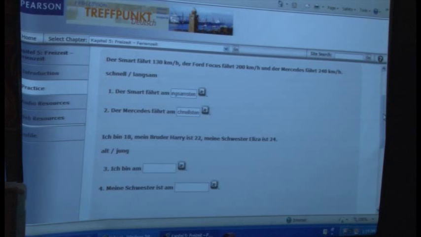Ja? Gut, okay, ich bin 18, mein Bruder Harry ist 22 und meine Schwester Elisa ist 24. Just like the example I gave you a while ago with myself and my siblings. Ich bin die Älteste, meine Schwester Angie ist die Jüngste. Hier haben wir 3 Geschwister, ja? Und ich bin hier am Jüngsten, ja? 18, ich bin am Jüngsten.